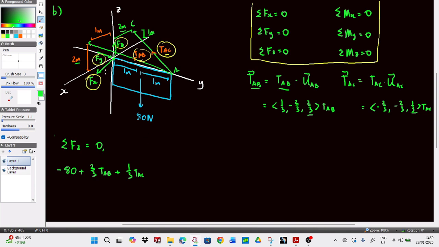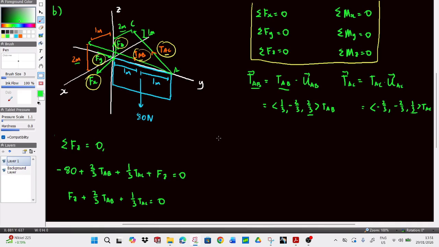And then we also have Fz. So that equals 0. So we have here Fz plus 2/3 TAB plus 1/3 TAC equals 0.